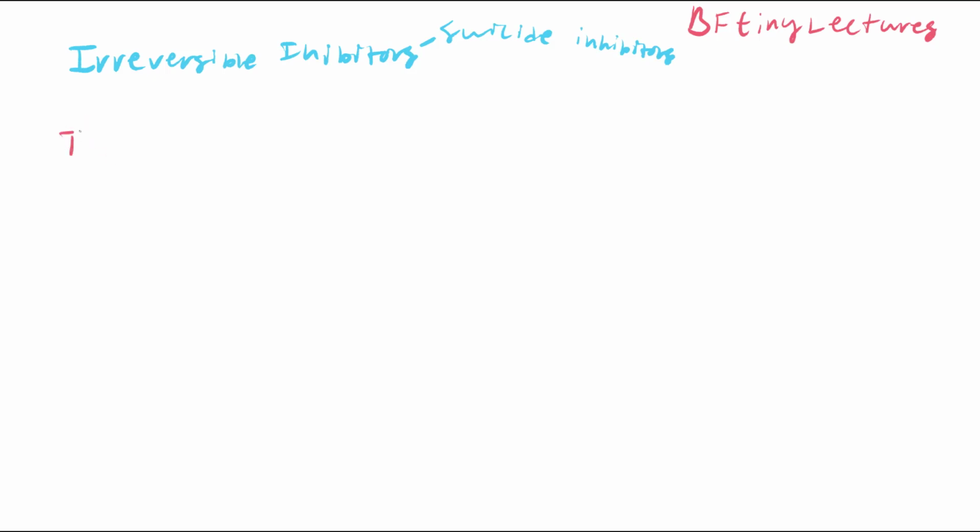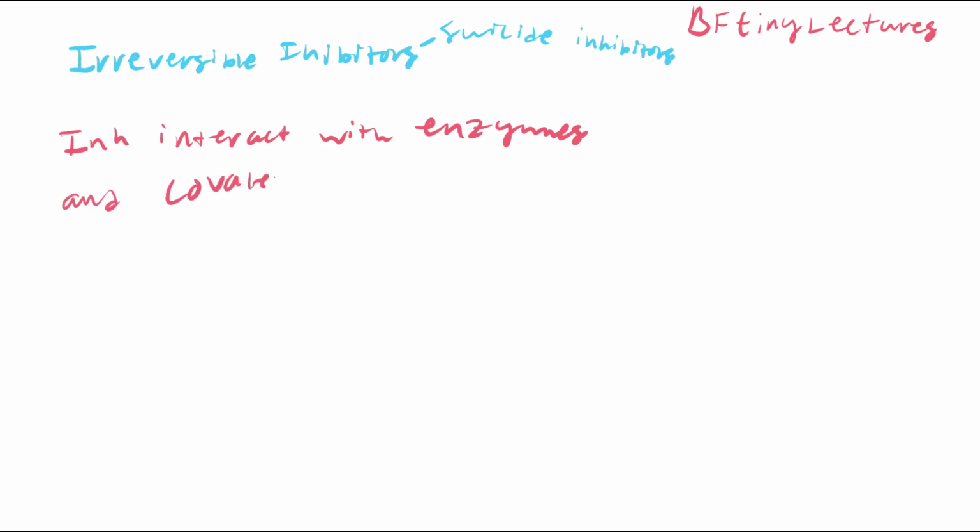Okay, so I'm going to just call inhibitors INH. Okay, they interact with enzymes, and they covalently modify the enzyme.